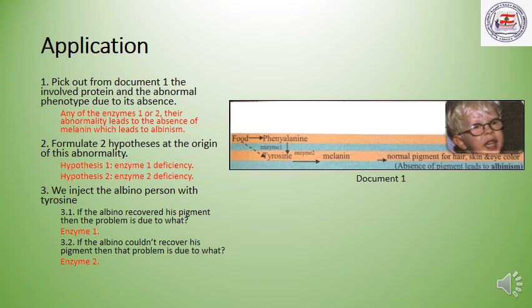Question number 3. We inject the albino person with tyrosine. 3.1. If the albino recovered his pigment, then the problem is due to what?